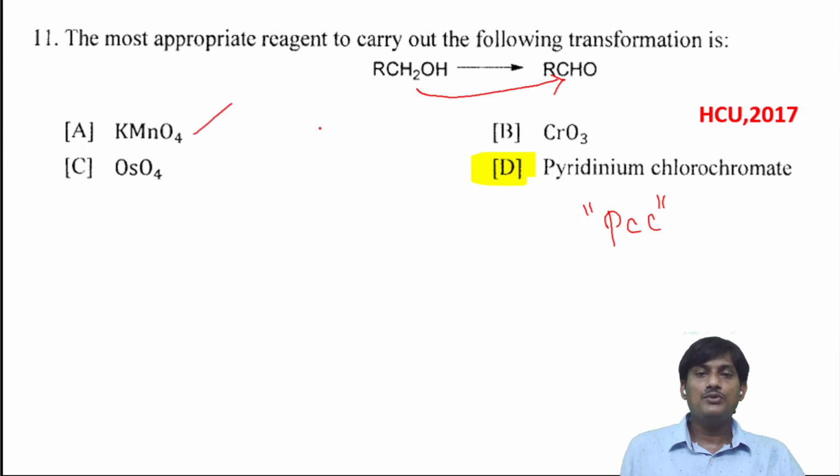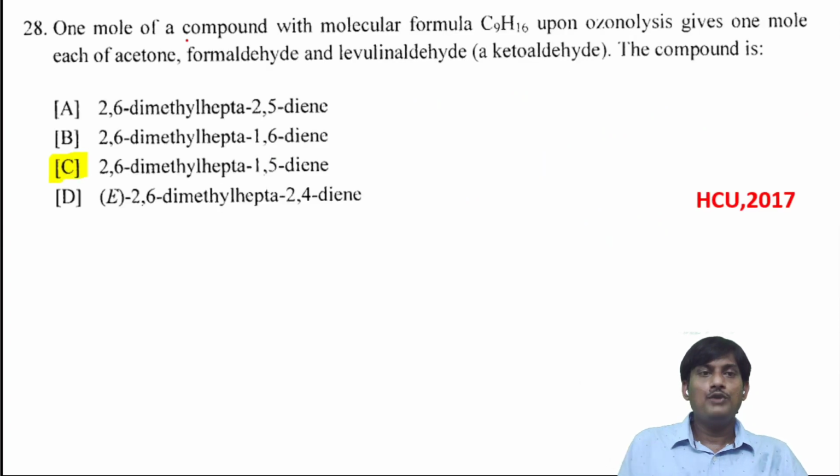Suppose if you take KMnO4 or CrO3, there is a complete oxidation of alcohols into carboxylic acids. So this is the correct reagent. 1 mole of a compound with molecular formula C9H16 upon ozonolysis gives 1 mole of each of acetone, formaldehyde and levulinaldehyde. The compound is.